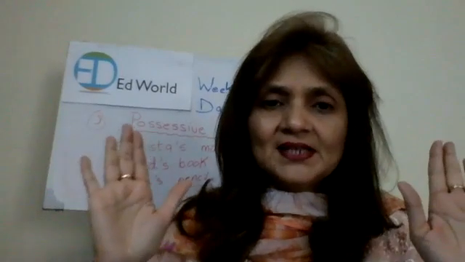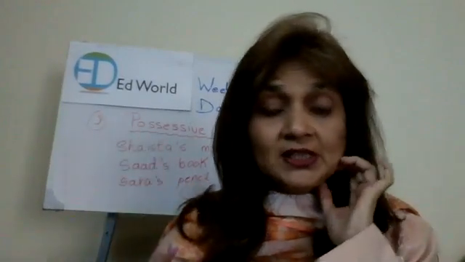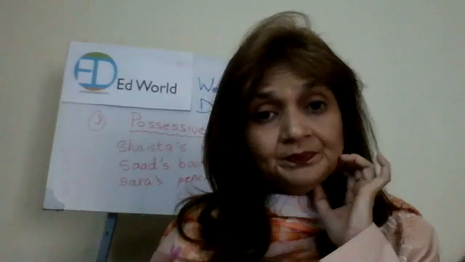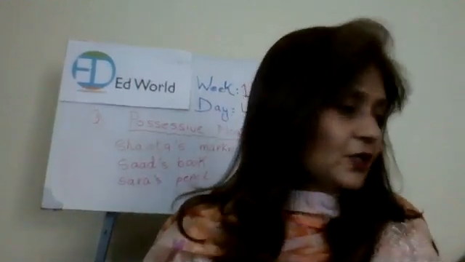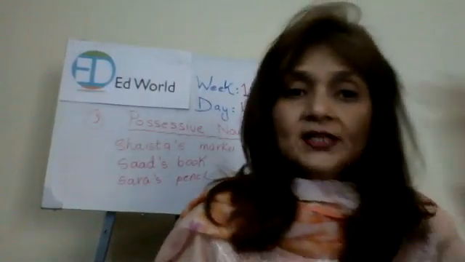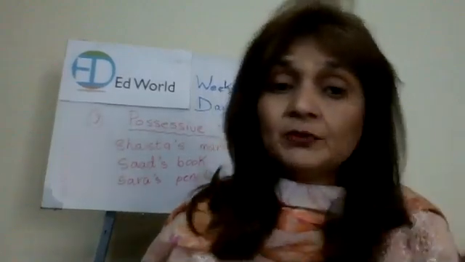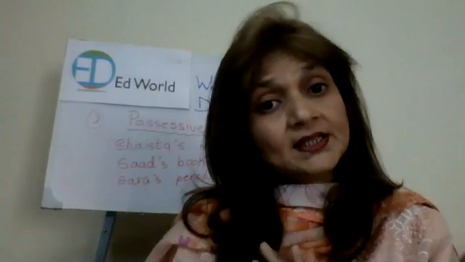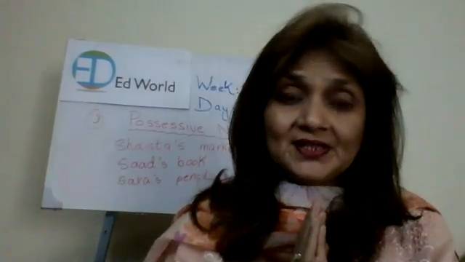Alright class, time is up. I hope you all have written the same way I have explained to you. Good job. So that means whatever we were supposed to do, the possessive noun, is very clear to you. What do you need to remember while writing possessive nouns?